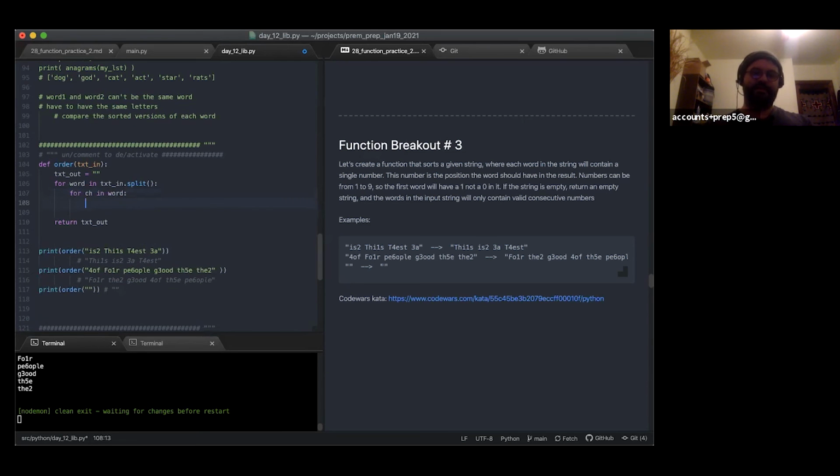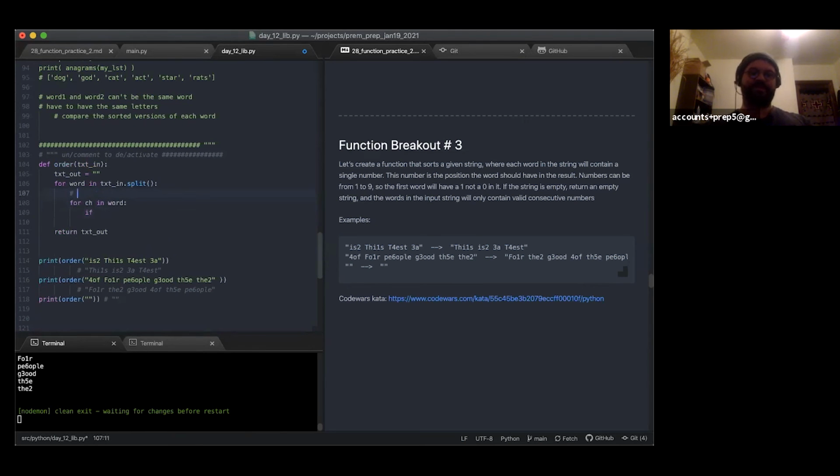Remember, the objective on the table is to determine what number is in each word. And again, we're assuming a high degree of user responsibility, that every word has a number in it, et cetera. In reality, obviously, you'd want to do more steps of verification, but we're not worrying about that for now.